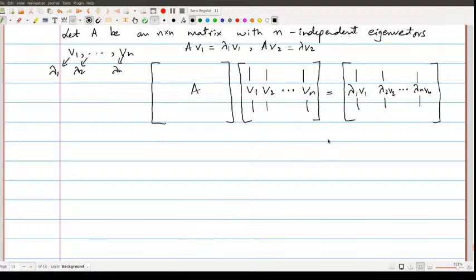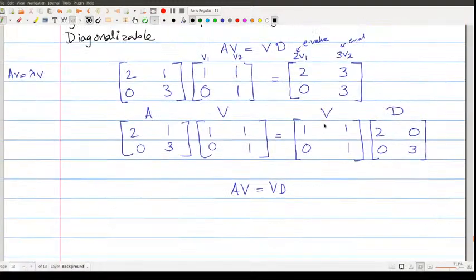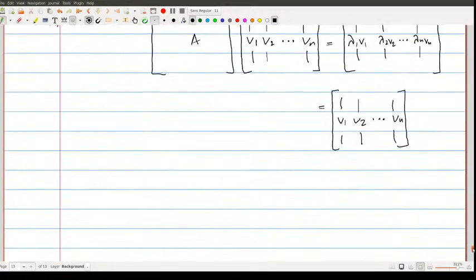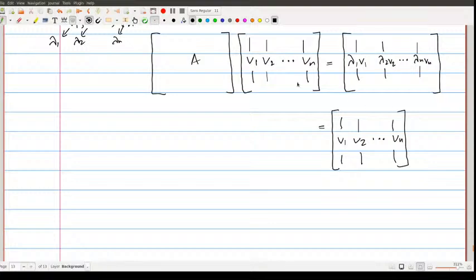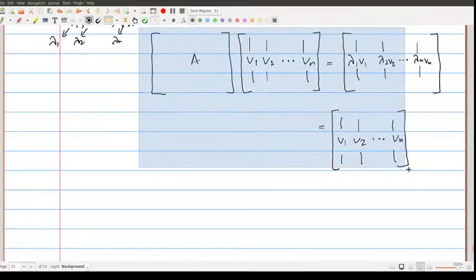Now this can again be viewed as, if I extract all the columns and put the scalars down, exactly the way I did in this example where I took out the eigenvectors and put the eigenvalues in a diagonal matrix. Let me create a bit more space for myself.